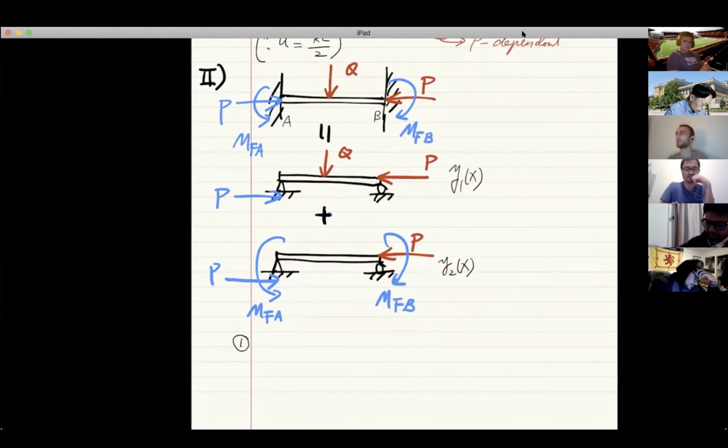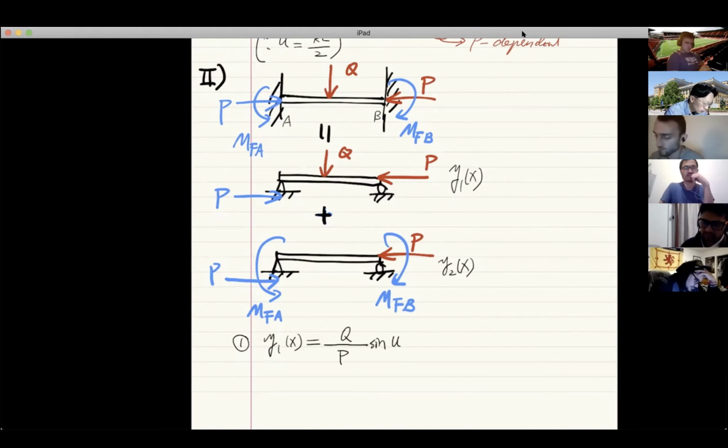So for the y1 of x, that is this, Q over P times the sine u.